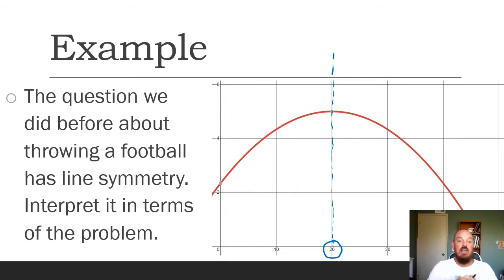So we definitely have line symmetry, but what we want to do is interpret it, tell what it means in terms of the problem. Remember, you're throwing a football, and the football is going up and then coming back down and hitting the ground. So this point up top is the highest point that the football reaches.